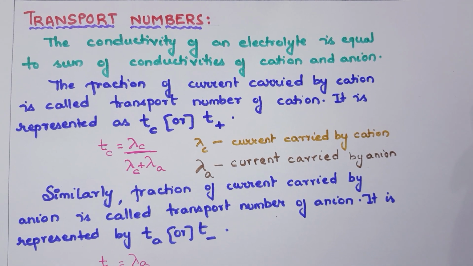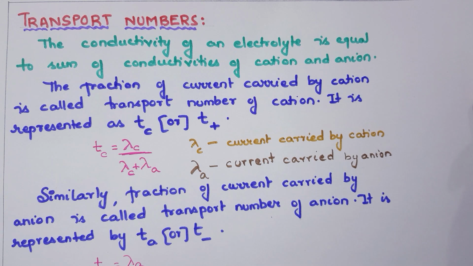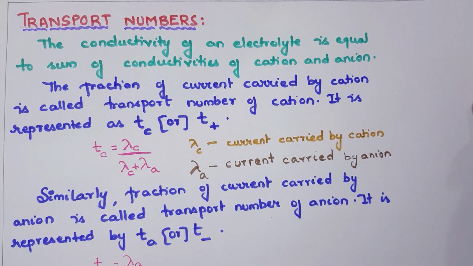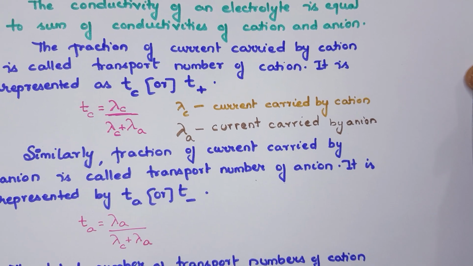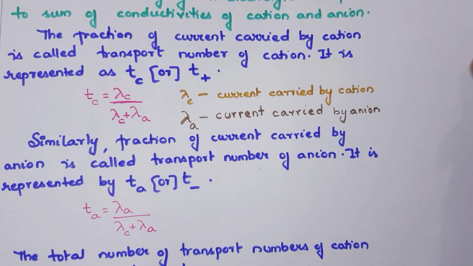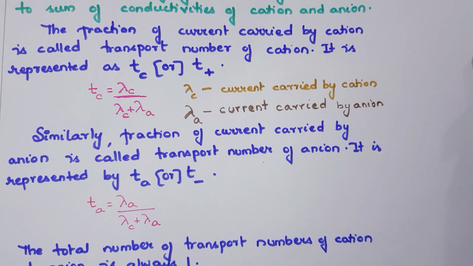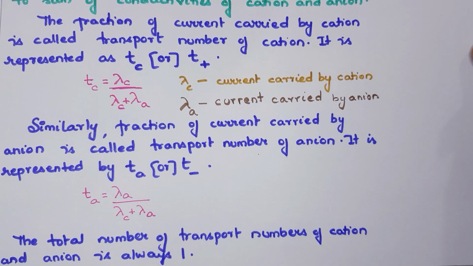Tc equals lambda C by lambda C plus lambda A. What will be Ta, students? Exactly, Ta is equal to lambda A by lambda C plus lambda A.